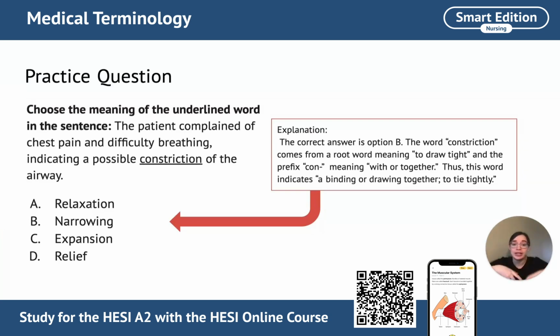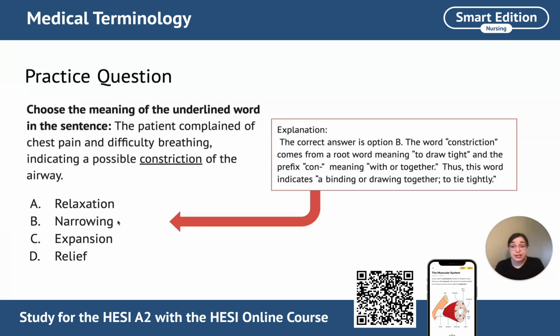It's narrowed. So this word indicates a binding or drawing together to tie tightly together. So we use the word constriction when we're talking about the airway. We could also use it when we're talking about blood vessels. So again, the idea of something being wide and then being closed off, drawn tightly together.